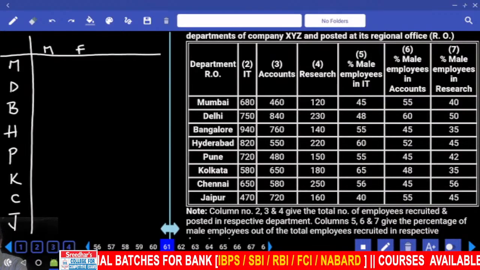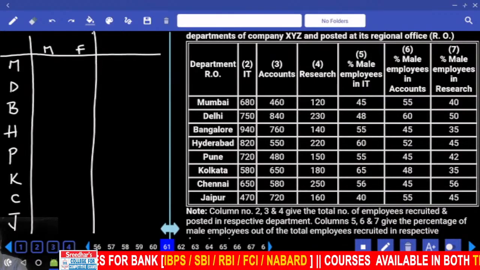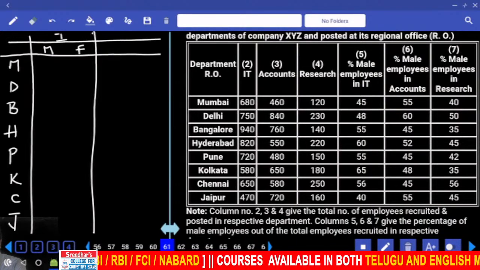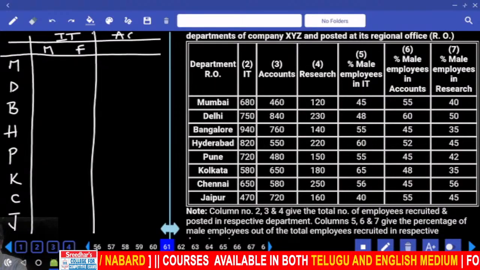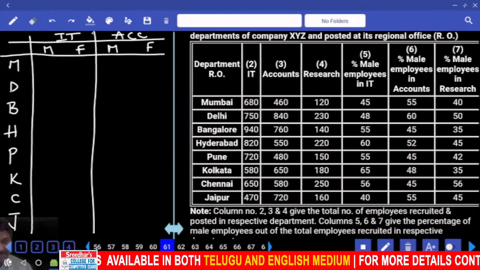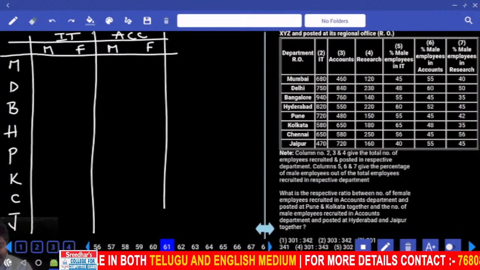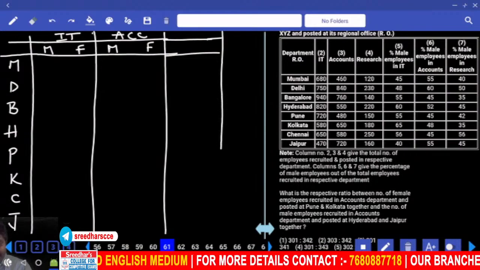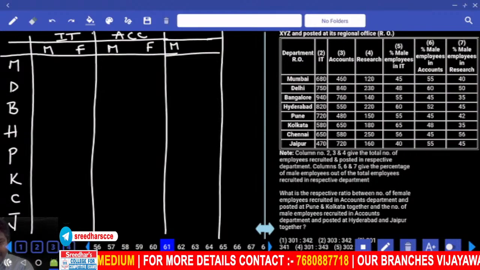Male, female. One is for IT, next is for accounts, male and female. Then it is for research. Shall we first fill the table and solve the questions?